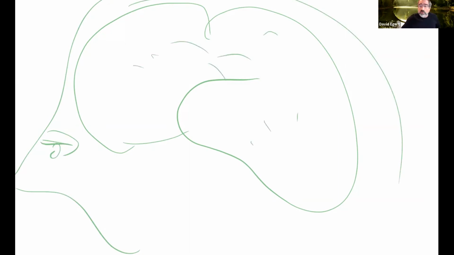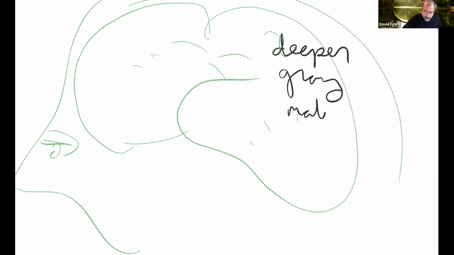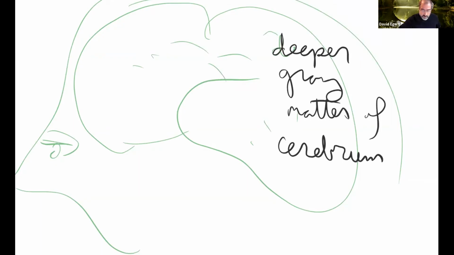There's a little more we'll be talking about, but what I'm going to do now is talk about some of the deeper gray matter, the deeper gray matter of the cerebrum.